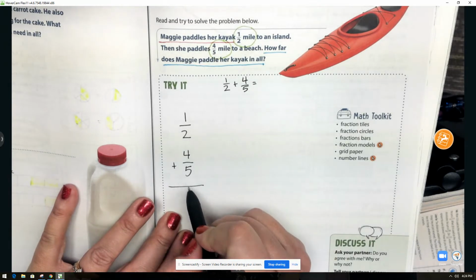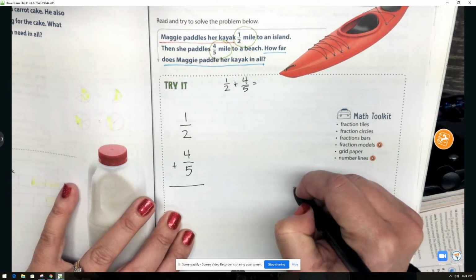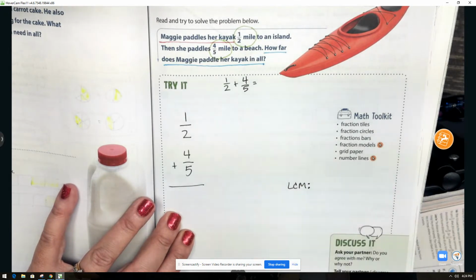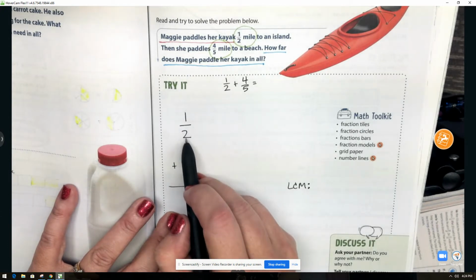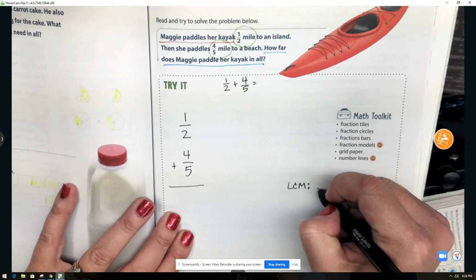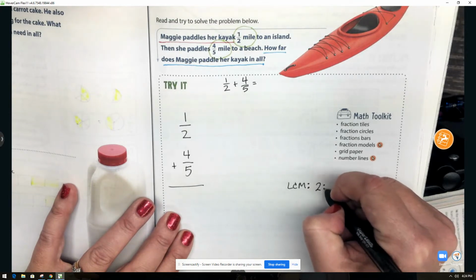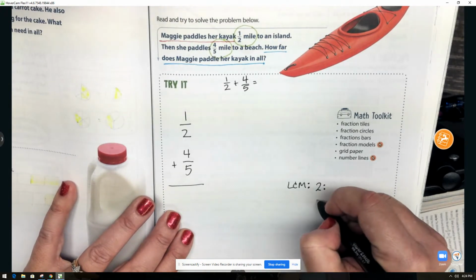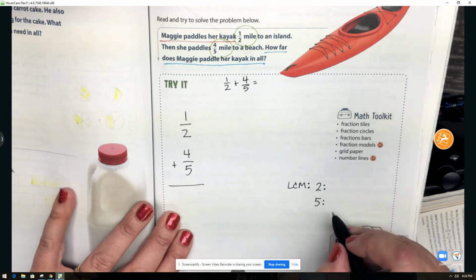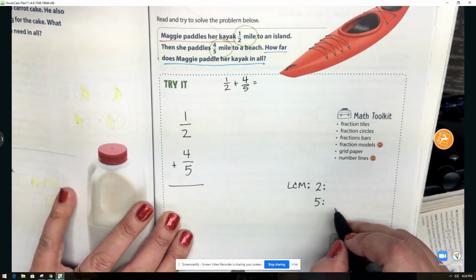Next, we need to figure out what is our lowest common multiple, meaning the smallest multiple that both 2 and 5 have in common. To do this, we're going to find all the multiples of 2, going up about 5 or 6 multiples, and then we're going to find the multiples of 5.